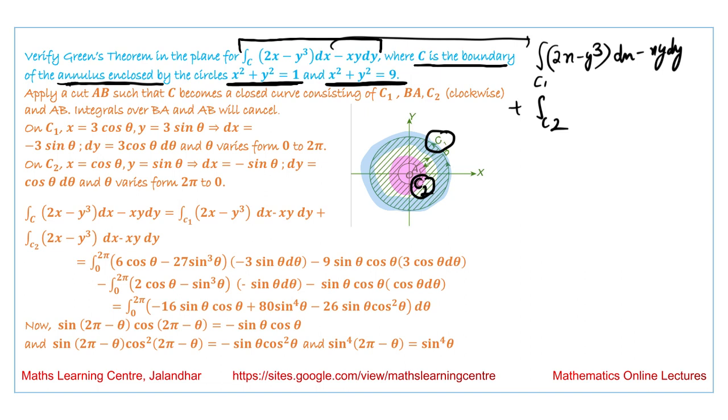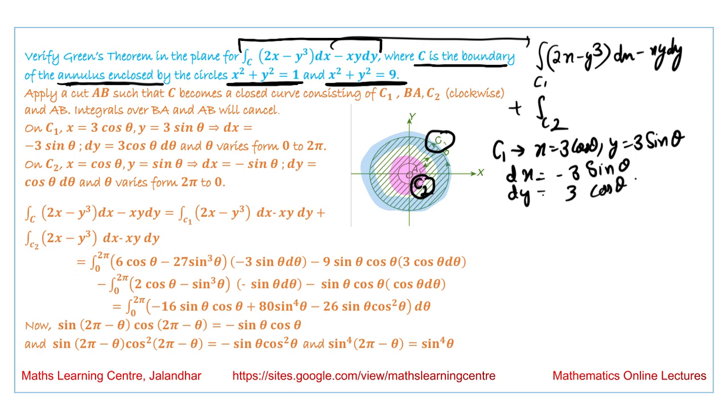Now if we look at these two curves, on the curve C1 we substitute x is equal to 3 cos theta, y is equal to 3 sin theta, the radius is 3 over there. So dx is equal to minus 3 sin theta d theta, dy is 3 cos theta d theta, and theta varies from 0 to 2 pi.